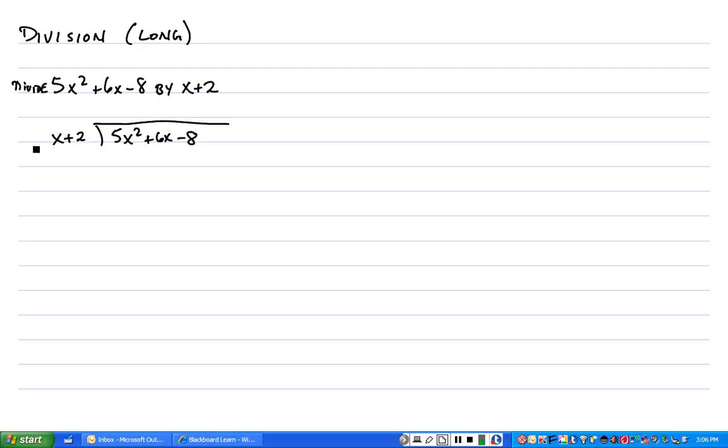And so now, just a point of order as relates to vocabulary, this will be considered our divisor, D-I-V-I-S-O-R. This would be considered our dividend.